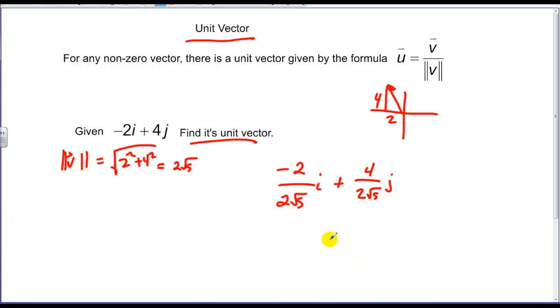And that's the j. This gives me negative 1 over root 5 i plus 2 over root 5 j. Some books will leave it like this, other books will rationalize, giving you negative root 5 over 5 i and 2 root 5 over 5 j.